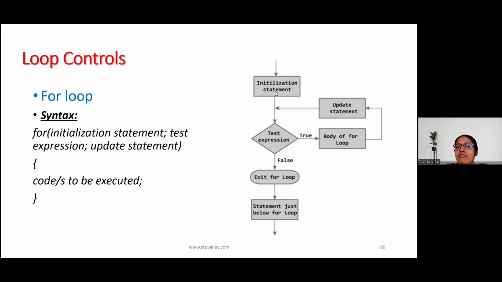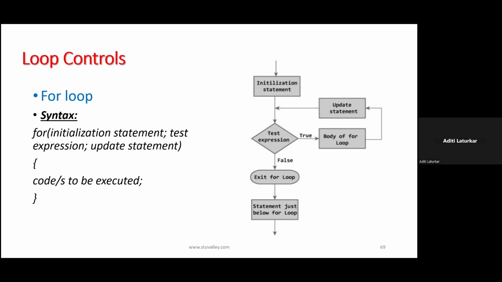You can see here, first the initialization statement gets executed, only once. Then the test expression gets executed, and it is checked until that condition is true. When the test expression returns true, the body of the for loop gets executed.